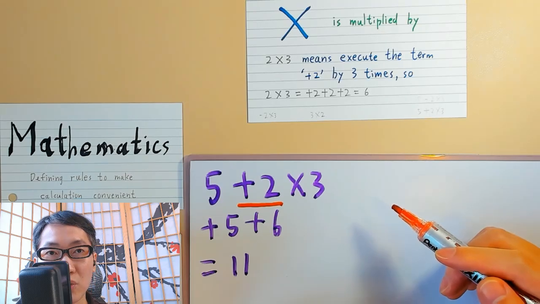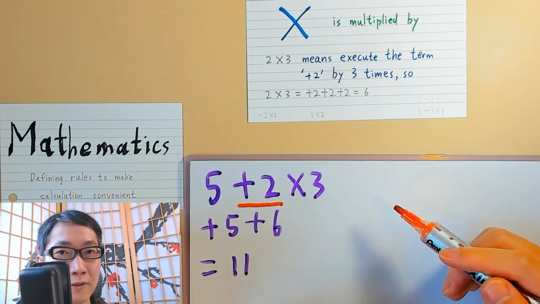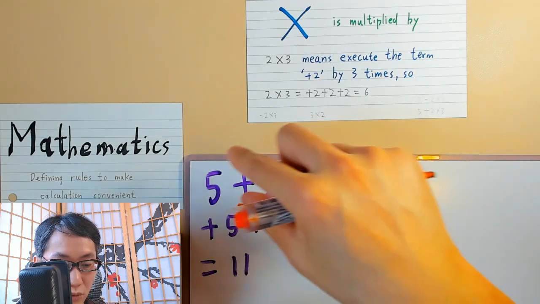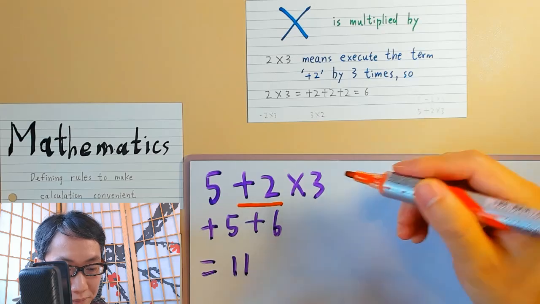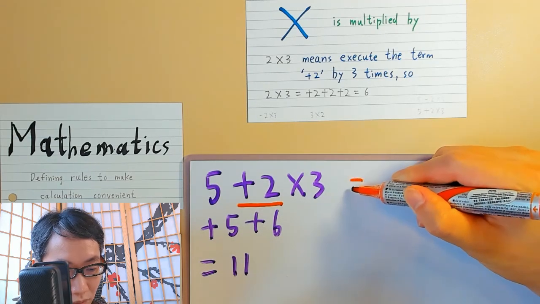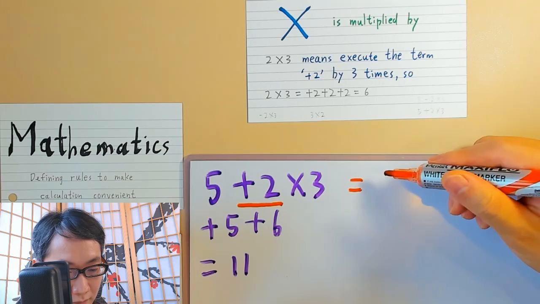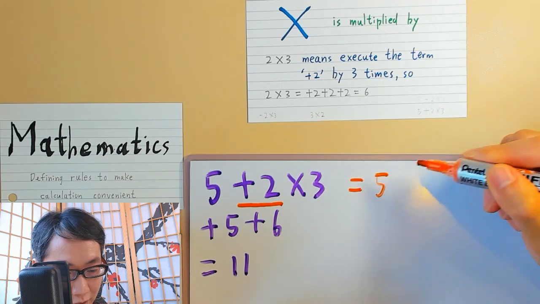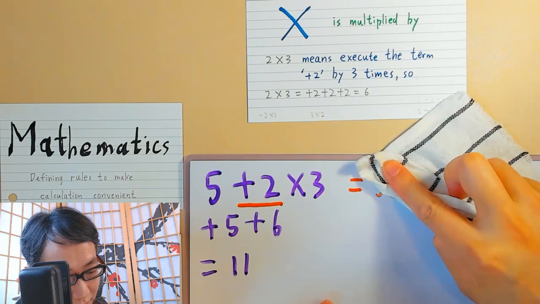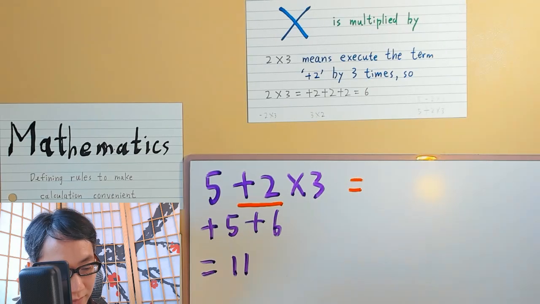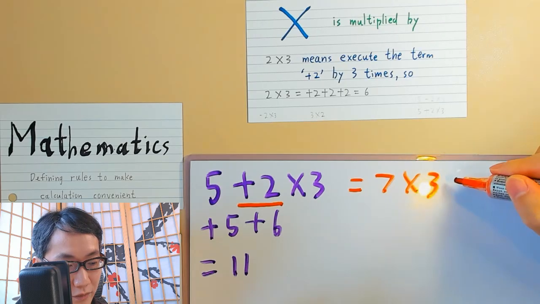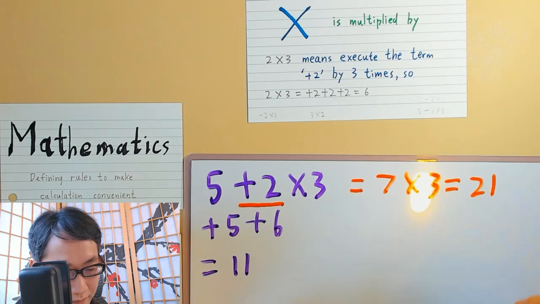That is also why we do multiplication first, because if we do the addition first, or just use the order from left to right, then what will happen? Let's say a wrong demonstration. We'll have positive 5, positive 2 will be positive 7, times 3, and then we'll have positive 21.